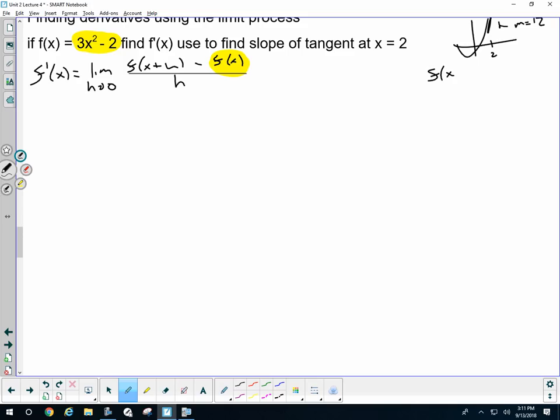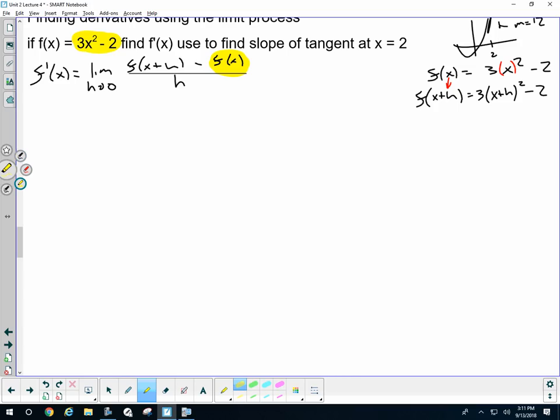If f of x is 3x squared minus 2, then f of x plus h means wherever x is, replace it with x plus h. So wherever I have x, replace it with x plus h. Use parentheses when we replace.